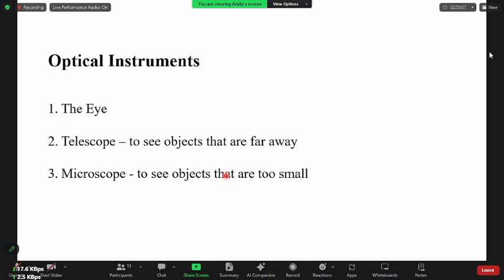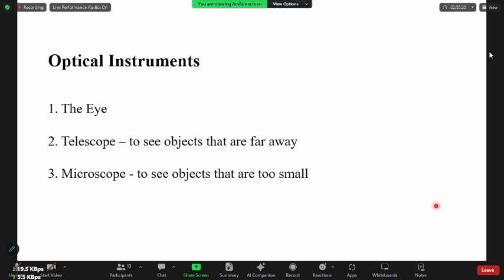Okay, so we will discuss very briefly, just to give you an introduction, regarding optical instruments. Under that, we will discuss three objects. The first one is the eye.